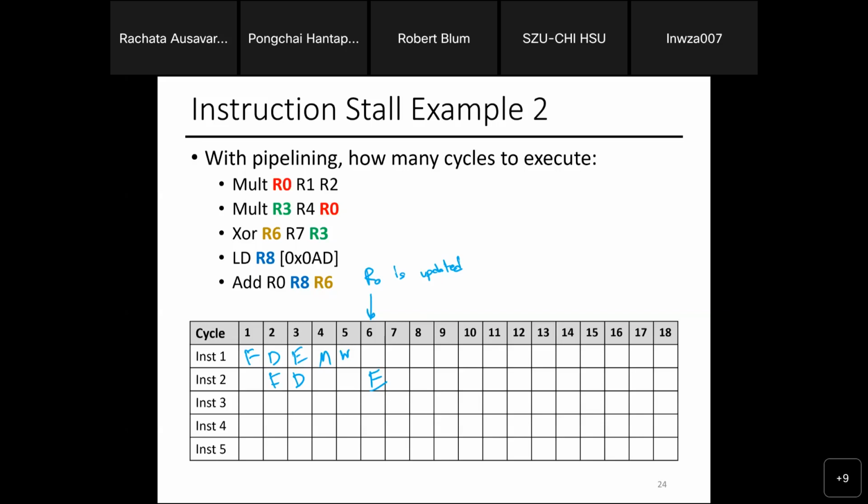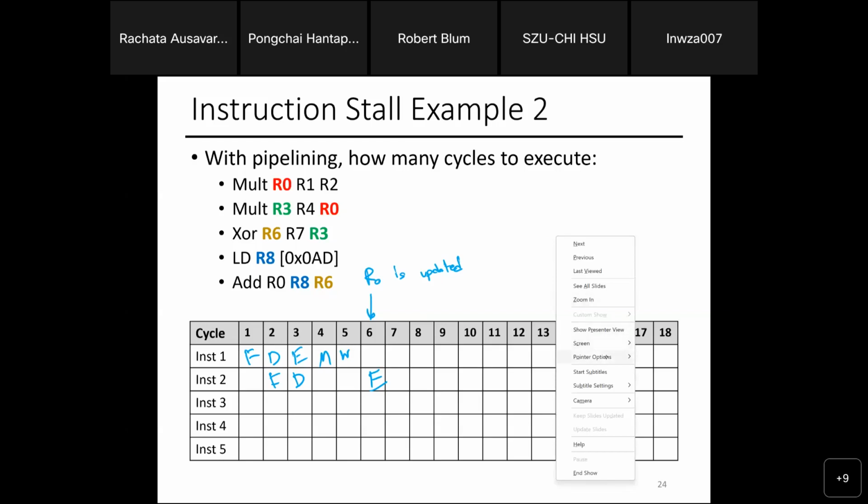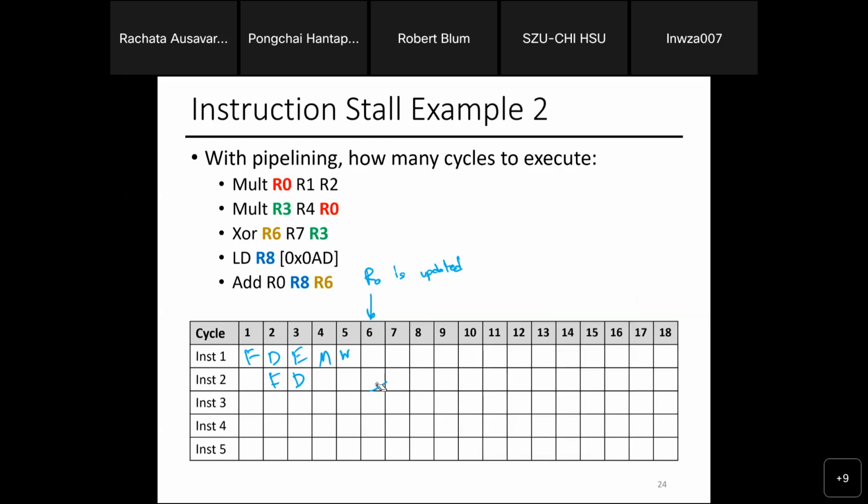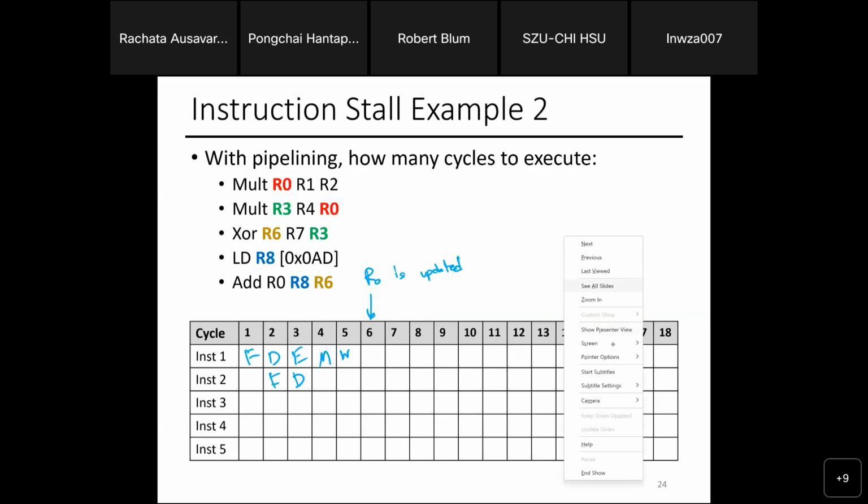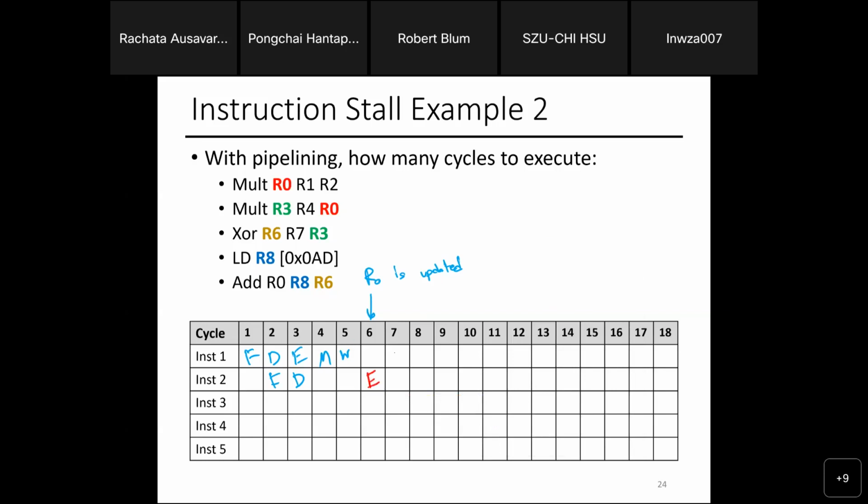Wait, actually, I think I'm in the wrong cycle. Let me do it again. Different color for obvious reasons. If I put execute right here, it means that during cycle 5, the decoder has the right value for R0, because that's when instruction 2 can move into the execute.